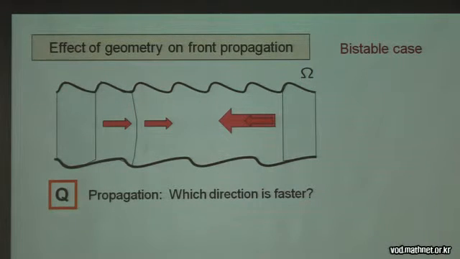In the special case, it's KPP type. And the bistable is this. In the bistable case, as I said in my previous slide, the motion of the front is more or less governed by the curvature.